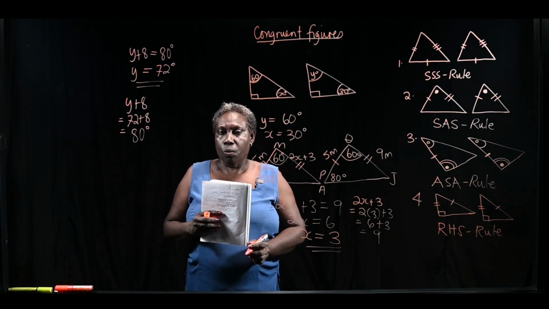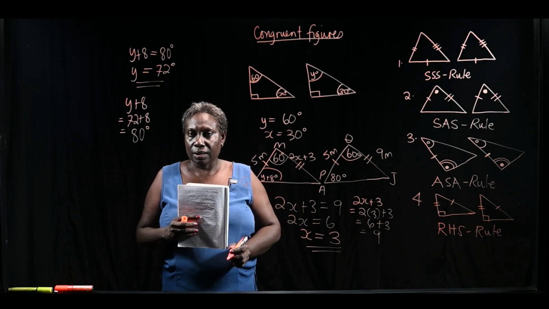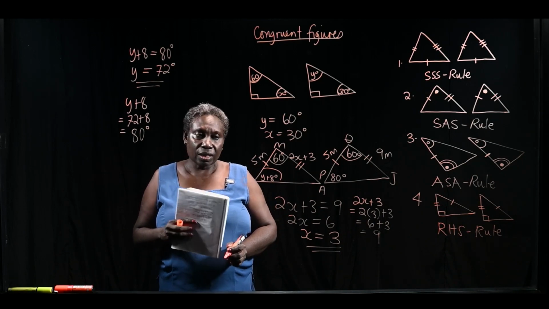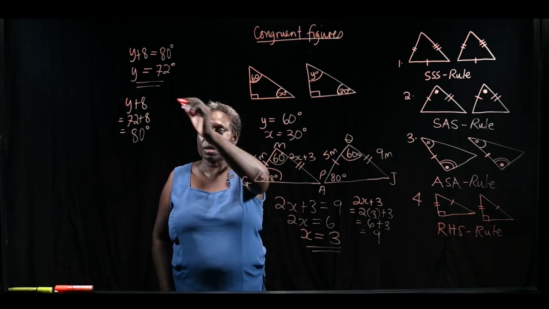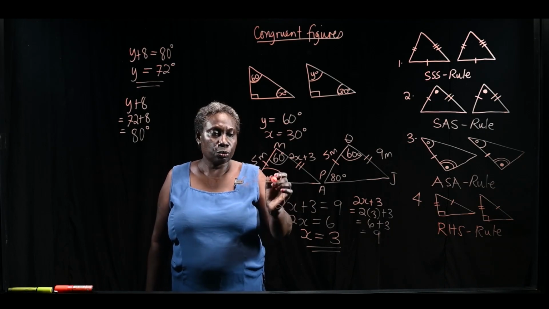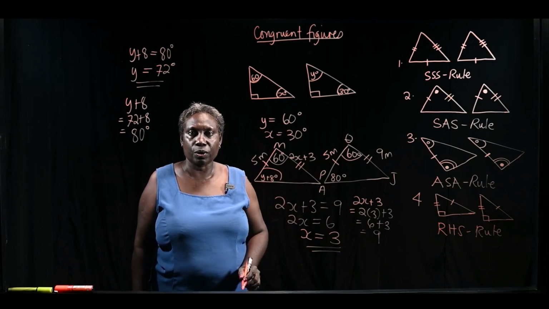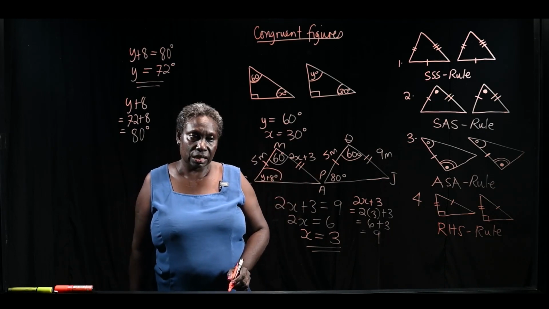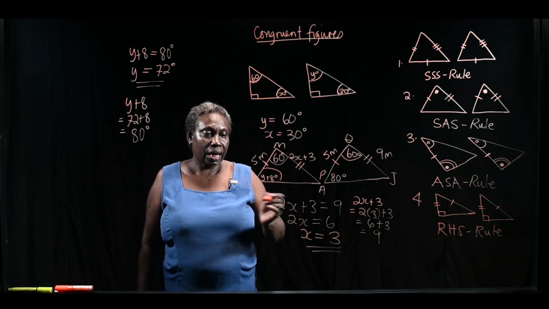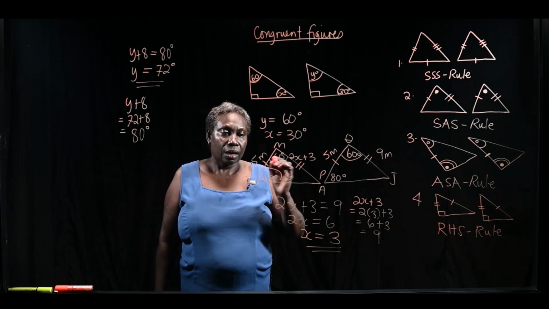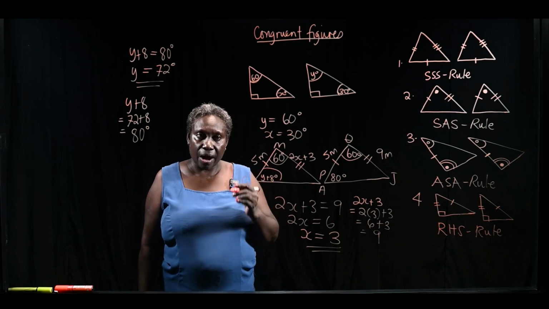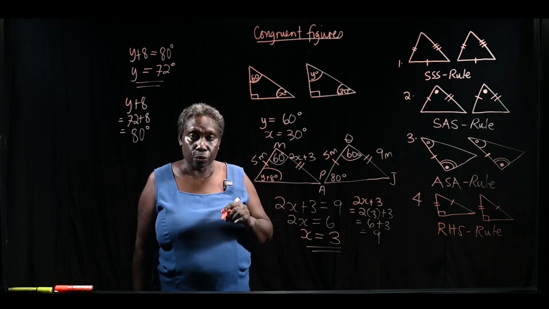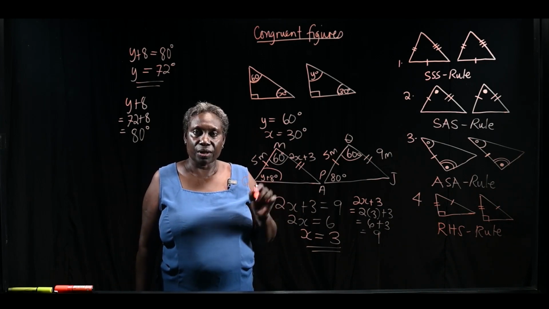Therefore, y equal to 72 is correct because when we substituted the value into this formula here, we were able to get the same answer, which is 80 degrees. So, that is the way in which we can find unknown values using congruent figures.